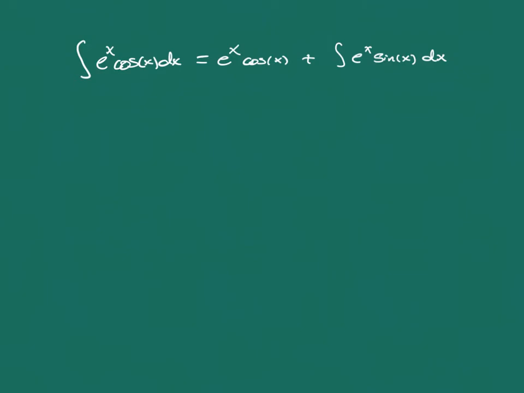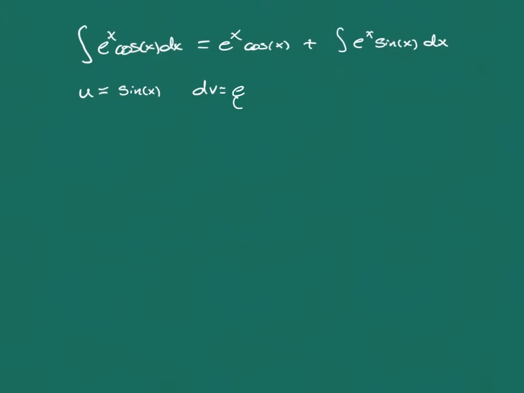Again we've got an exponential and a trig, so we choose u to be our trig function, sine of x, and dv becomes everything else, still our e to the x dx.